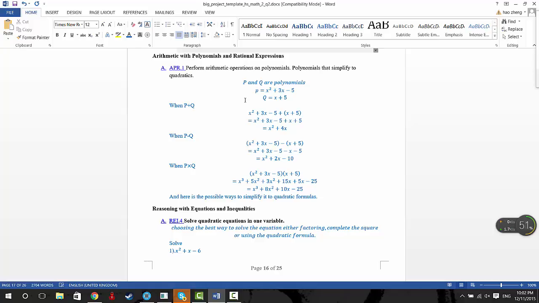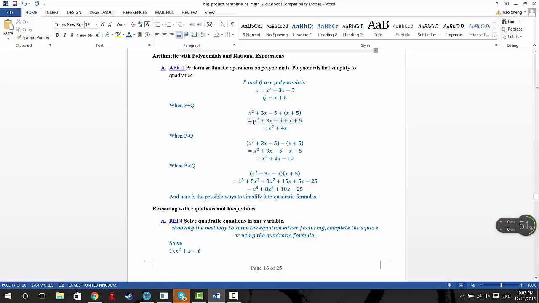So when P plus Q, we write the equation down, x to the power of 2 plus 3x minus 5, and as you can see, there's a plus, so we put the other equation over here and combine it. After that, we just take the brackets out, because we're just going to add, right?